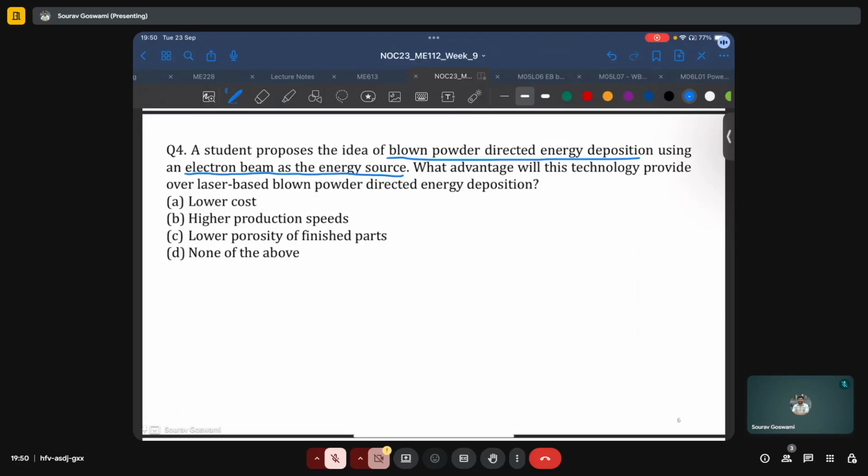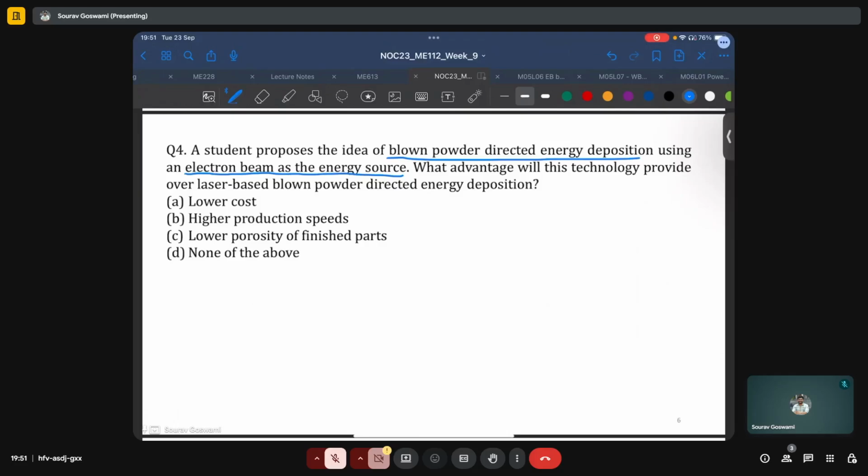So, to ensure a targeted delivery of energy to a target surface, we have to ensure that these electrons travel in the path as designed. And to ensure this, we have to remove all the heavy molecules or heavy particles from the working region. This is why a vacuum is needed, typically of the order of 10 to the power minus 5 millibar in the working chamber and 10 to the power minus 9 to 10 to the power minus 10 millibar in the gun chamber.